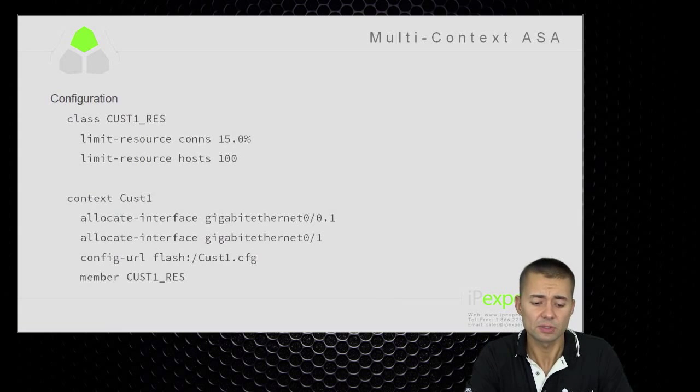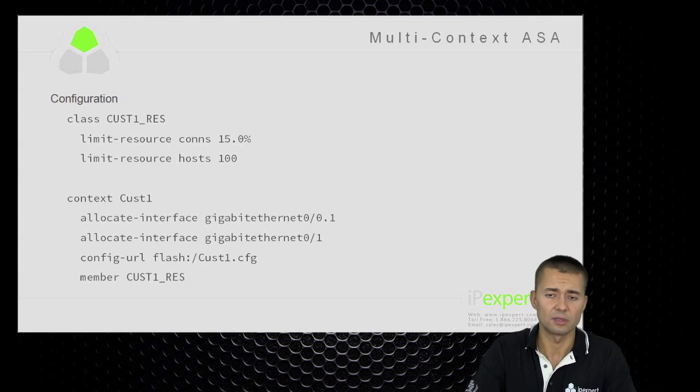We're going to define our class, specify the limits, and then in the context configuration, we'll basically say that this context is supposed to be a member of that class, which is like associating the class with the context. And all of the resources that you haven't explicitly configured in the class are going to be inherited from the default class, which once again by default only limits the telnet, SSH, and ASDM management sessions to the context.